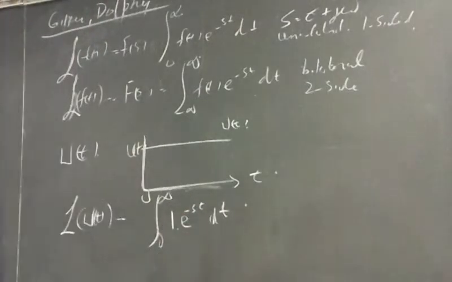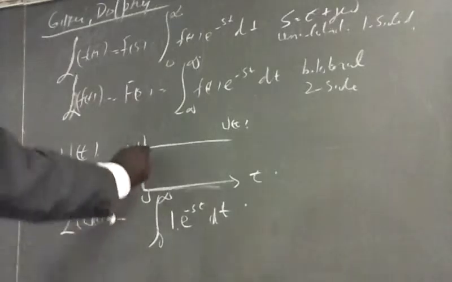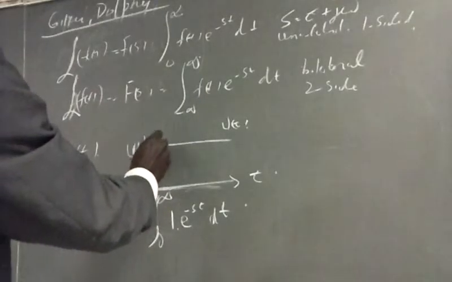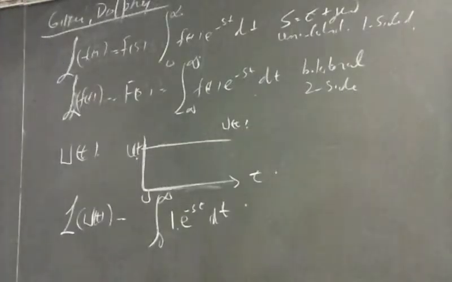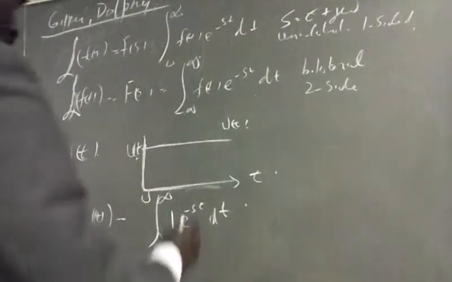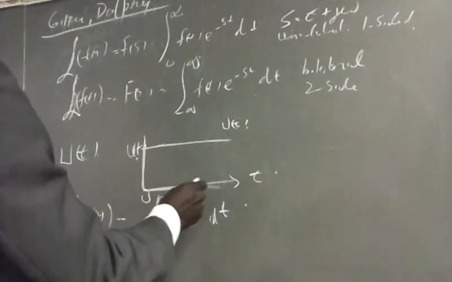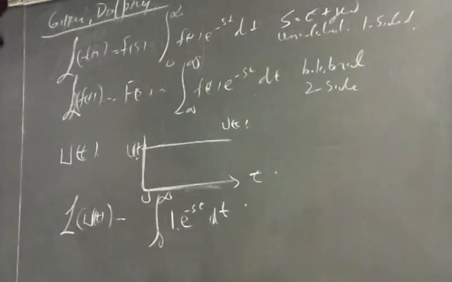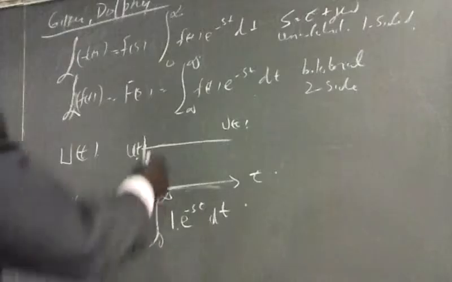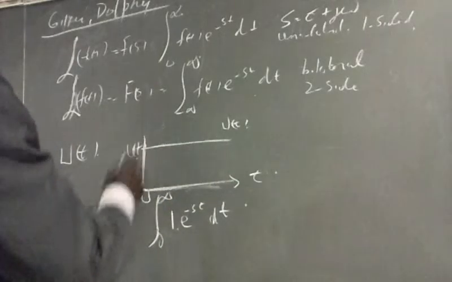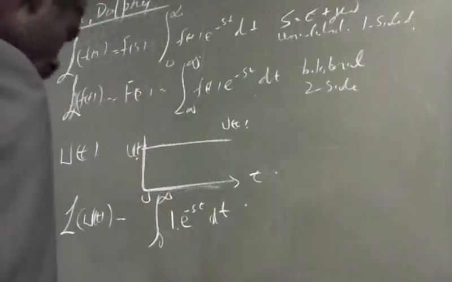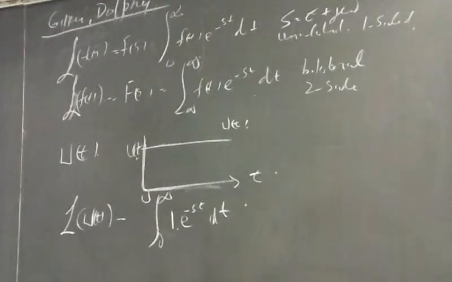The unit step is 1 all along this line, and 0 everywhere along the t-axis, and 1 everywhere along the u of t axis, which is why it's called a unit step.